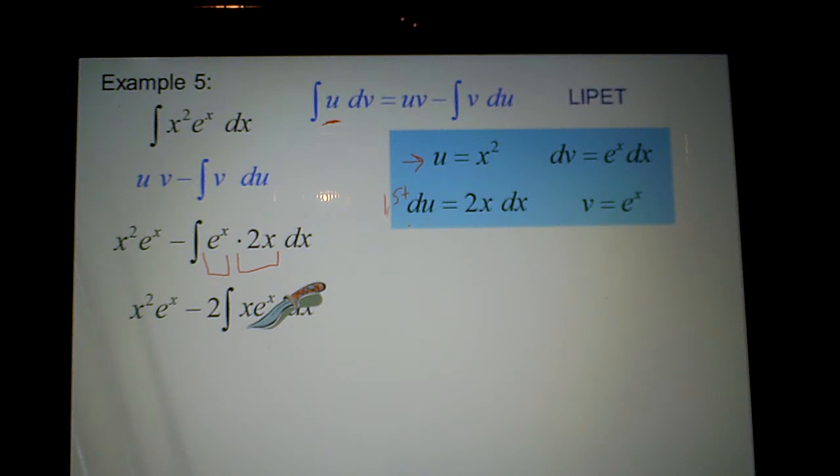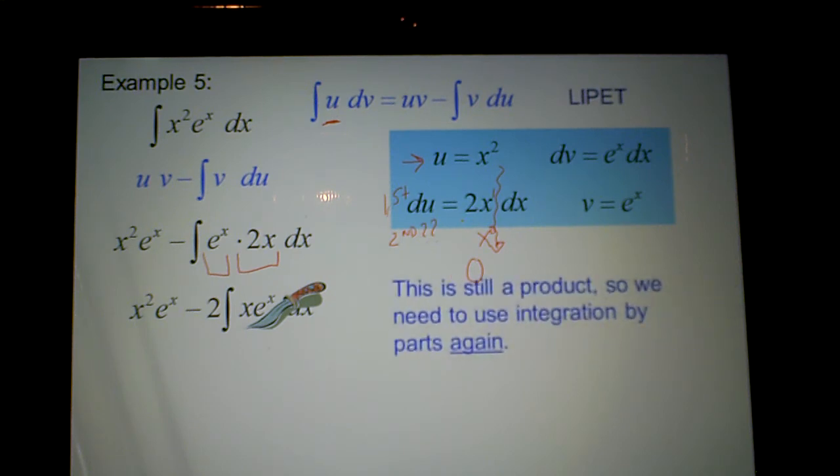What would the next derivative be? x to the 0, which then, taking the derivative of a constant, would eventually get me 0. That's what I mean about differentiating to 0. So let's see how that situation helps me out. I have to use integration by parts again, which is a little bit of a bummer.